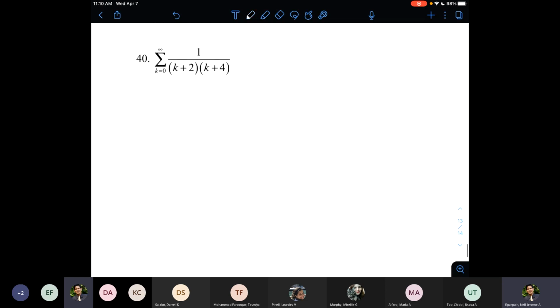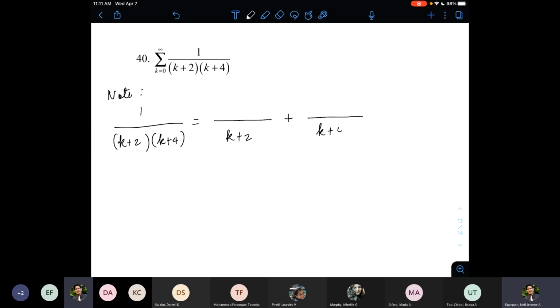So here we note that 1 over k plus 2 times k plus 4 is equal to a partial fraction decomposition. The denominator is already factored. So the partial fractions will have denominators k plus 2 and k plus 4.